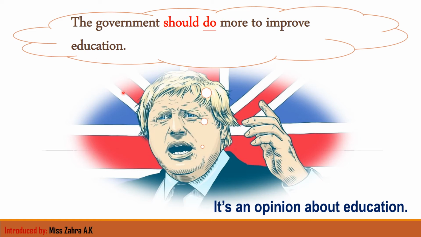So the government is the subject. نلاحظ government هي subject, should modal verb, after should infinitive وهو do. Do is the infinitive here, the main verb without any addition, more to improve education.